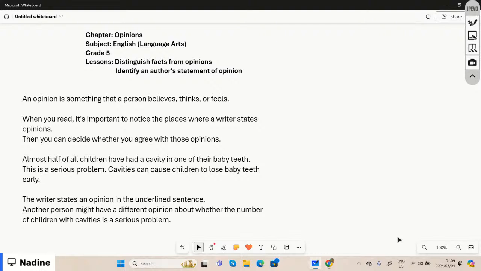Facts are something that is true, it is stated, there's evidence about the facts. And then an opinion is something that, for example, the writer believes, thinks, or feels.